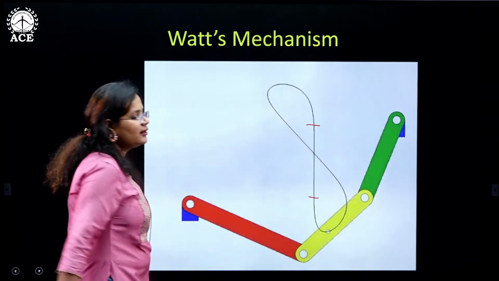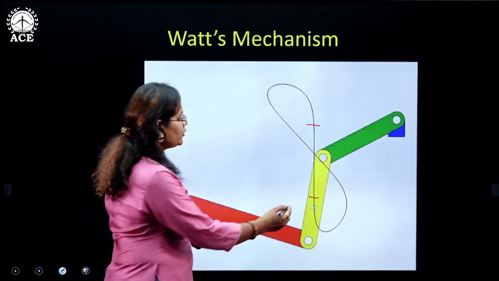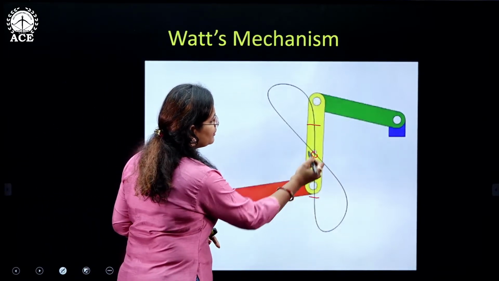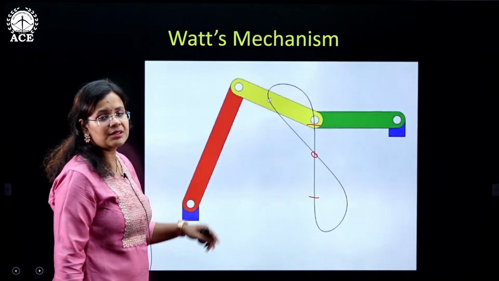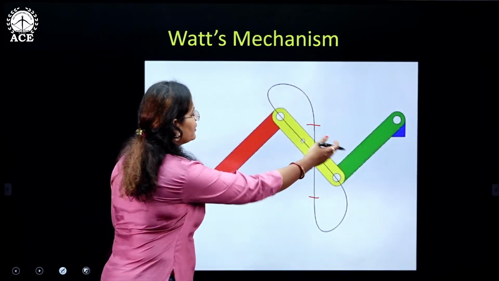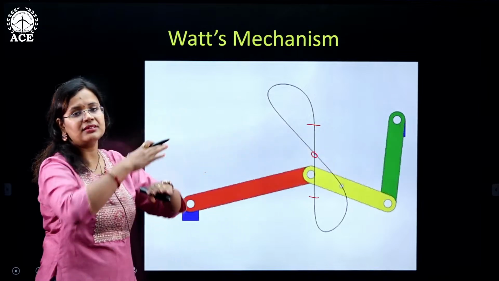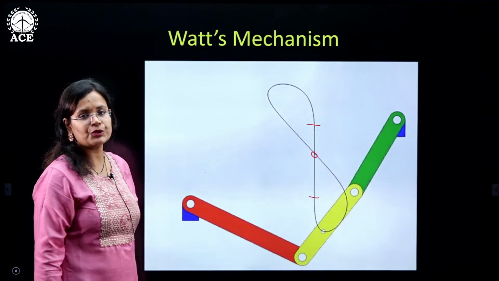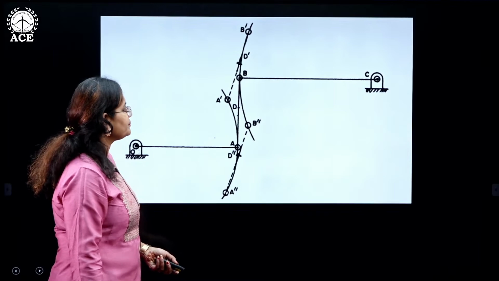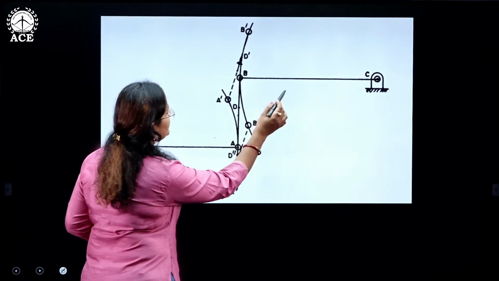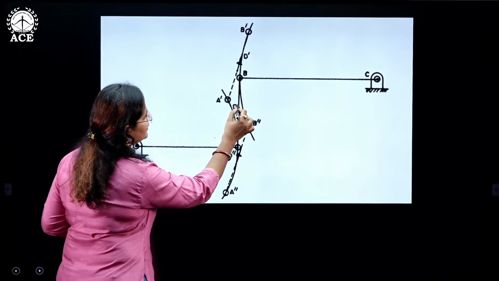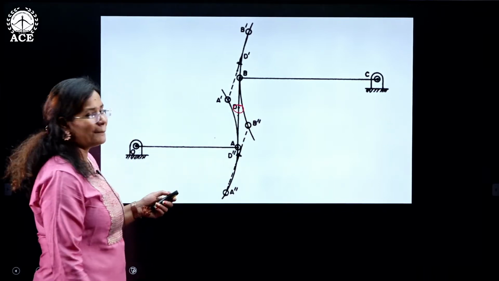Can you see that? When you consider the point to be at the mean position, see here it is the mean position. So at the mean position, whenever this mechanism is forming, the red and the green links are parallel to each other. That is the mean position for this mechanism. See, this OD link and BC link are parallel to each other, and this is particularly your mean point.